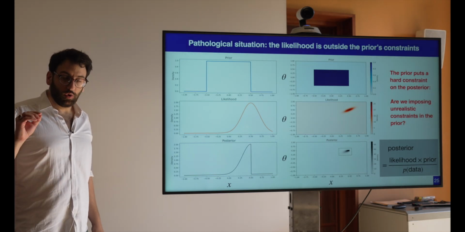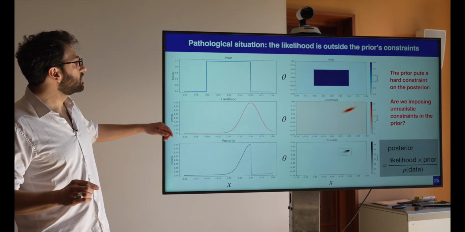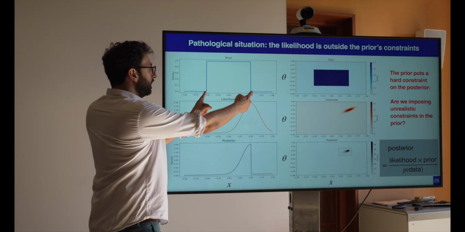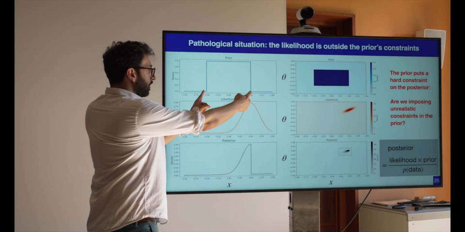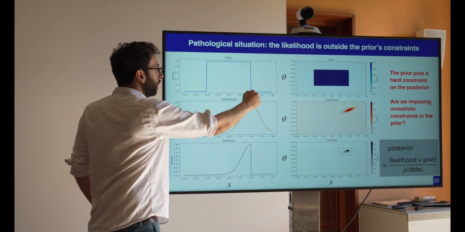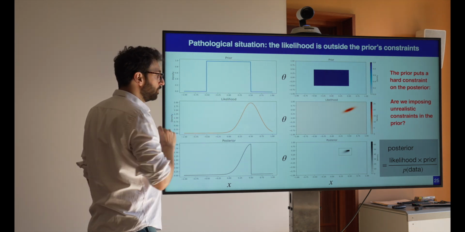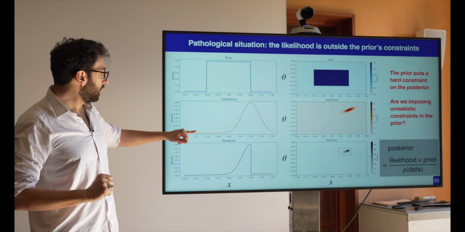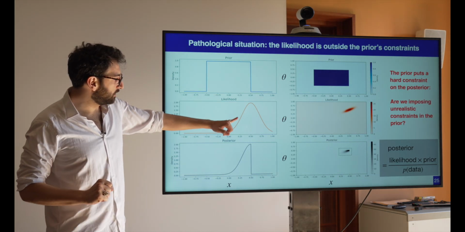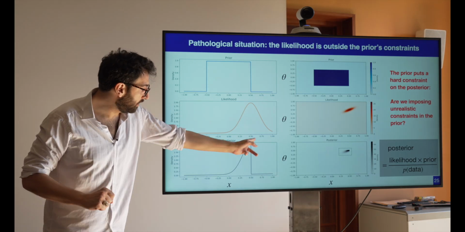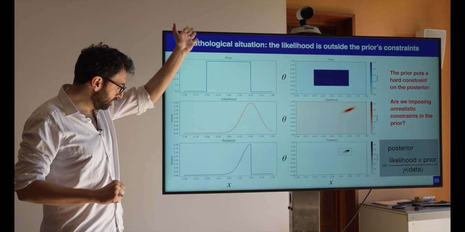One of the things you don't want is, suppose this is your prior, so the probability to be in those bounds is constant. You don't know where you are, but you know that you are in those bounds, and you have a probability 0 to be outside these bounds. Now the likelihood is like this, and when you compute the product of the two, you see that the posterior is chopped.